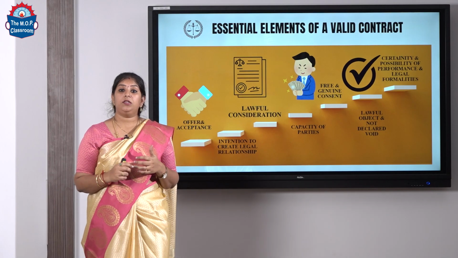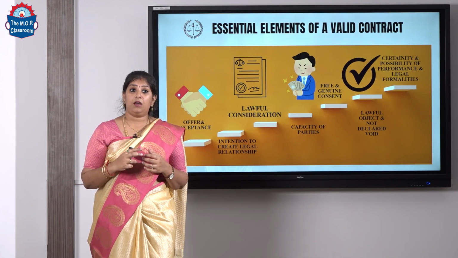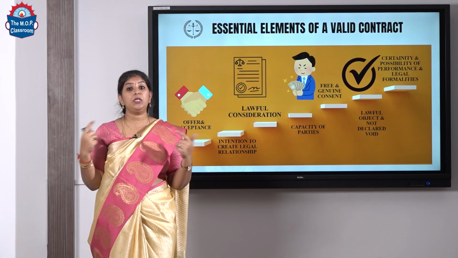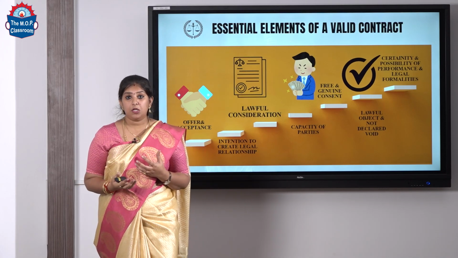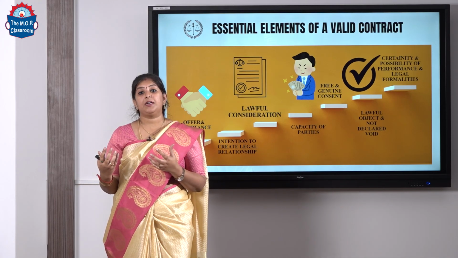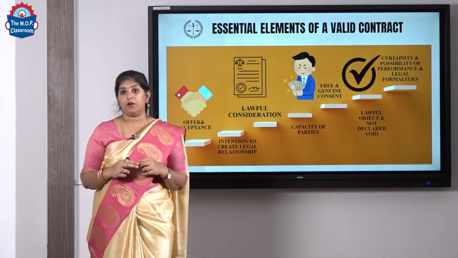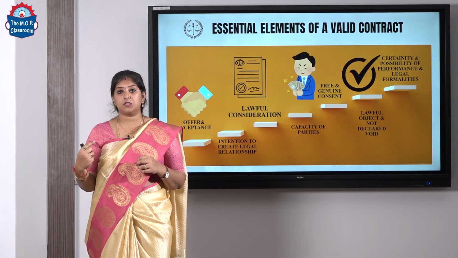The second one is that there should be an intention to create a legal relationship. Whenever a contract is entered, both the parties should have an intention to create a legal relationship. When that is not there, it will not be treated as a valid contract. Under this, there are two types of contract: a social contract and a business contract.